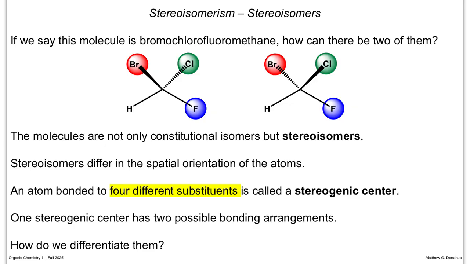So we have blue is fluorine, green is chlorine, and red is bromine. And so that makes the carbon with 4 substituents. The real question is, they're going to have the same sort of parent name, but they are different molecules, so they need to be designated that way.